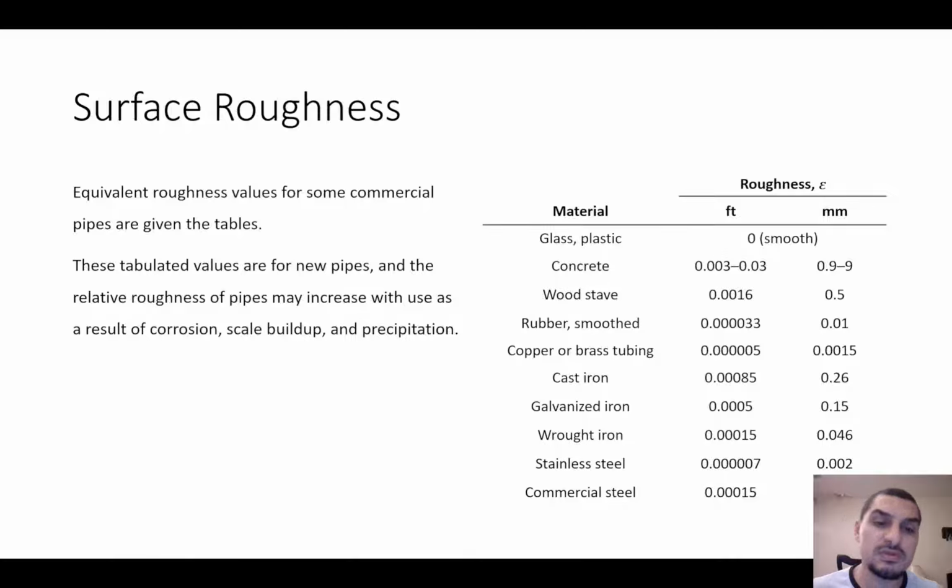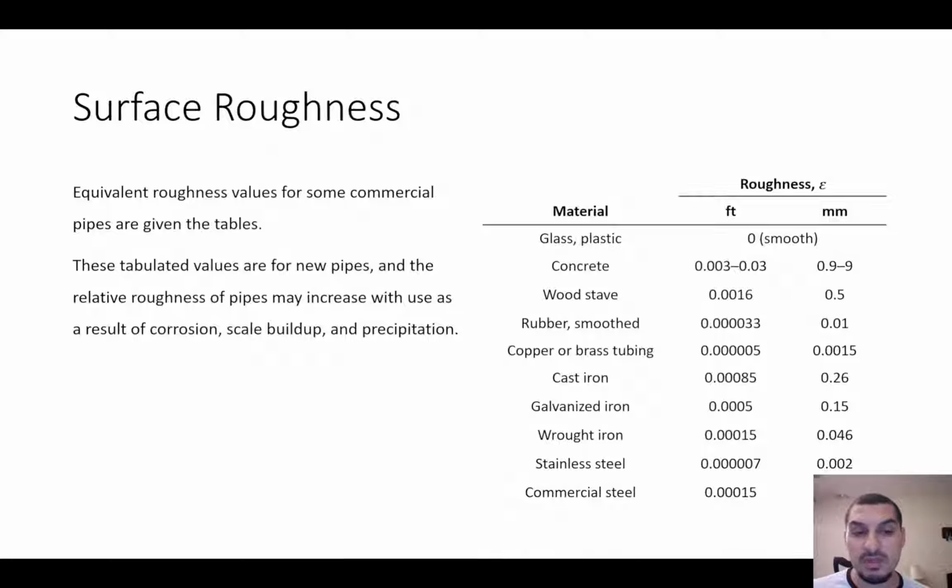And as time goes, for some fluids, the roughness might increase. And the reason is either that the fluid is causing fouling, which means that materials from the fluid precipitate or deposit on the inner surface of the pipe, which increases the surface roughness, or because of corrosion.